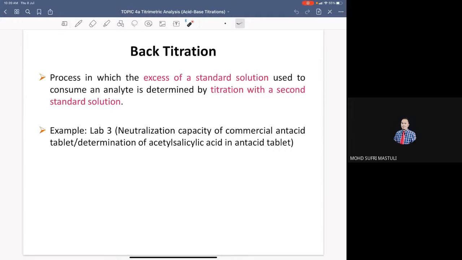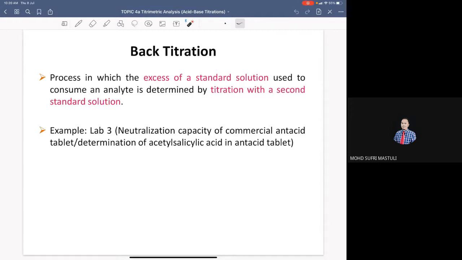So, back titration is the process in which the excess of standard solution used to consume an analyte is determined by titration with a second standard solution. As I said just now, this back titration is a double titration.